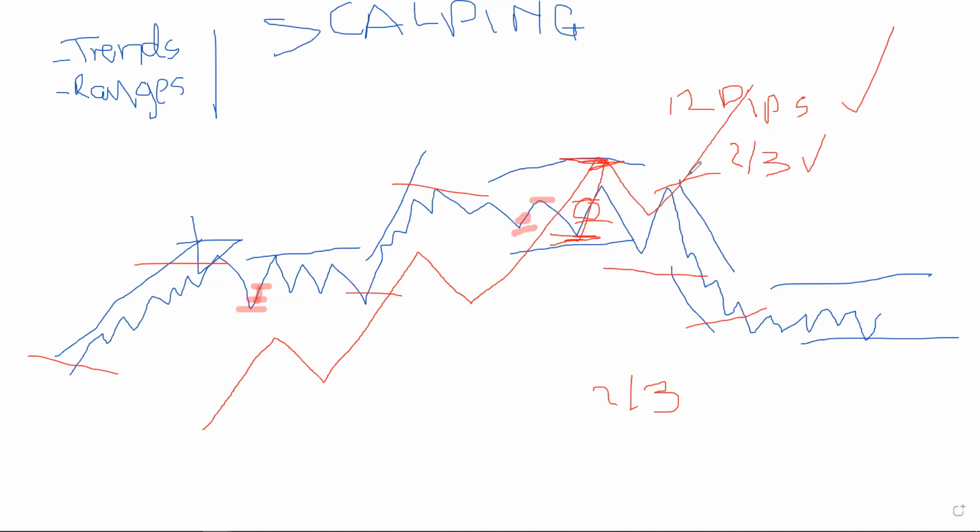So in scalping, what I teach people is, once you know that the market is going up, you don't take your trades at point A. You wait first and confirm. This is point B, C, D, E.